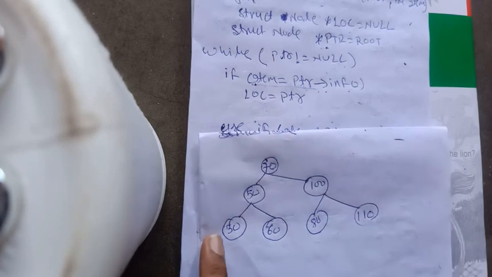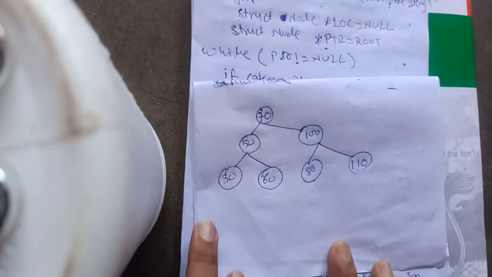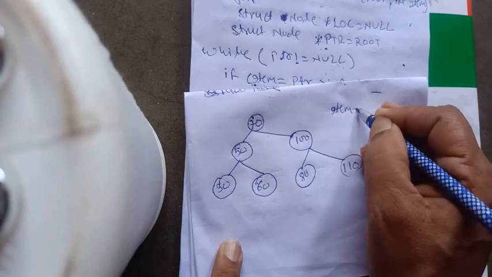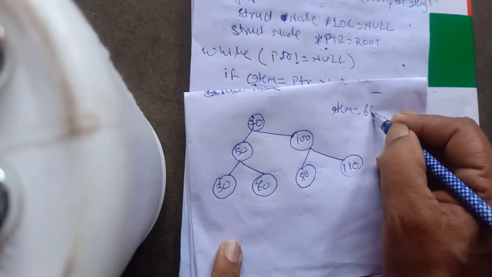Let's say this is a binary search tree. Now I have to conduct a search with item equal to, let's say, 60.